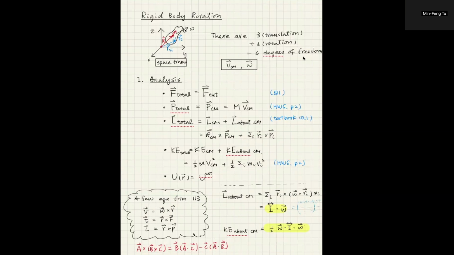When you're taking 116, you probably see I omega for this one, and for kinetic energy you will see the form of 1/2 I omega squared, right? This is because in 113, usually the problem already chooses a very nice coordinate so that this tensor turns out to be diagonalized, so you can rewrite it in this way. But that's not always the case. The format that I present here is a more generalized format.